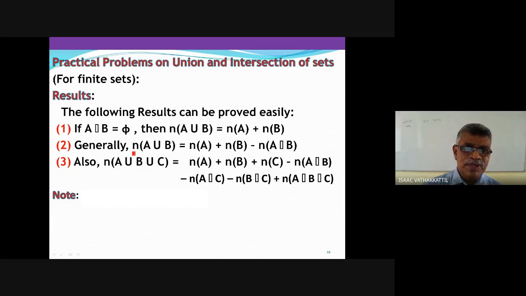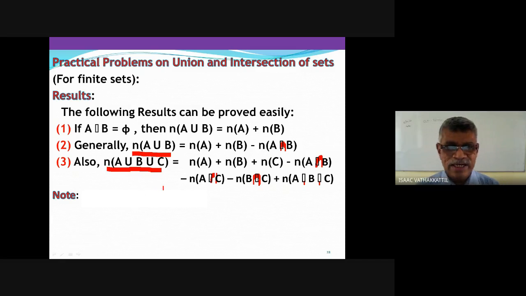Number of A union B is number of A plus number of B minus number of A intersection B. And number of A union B union C is number of A plus number of B plus number of C minus number of A intersection B minus number of A intersection C minus number of B intersection C, plus, remember, plus number of A intersection B intersection C. Store it in your mind, you may need it on the way.